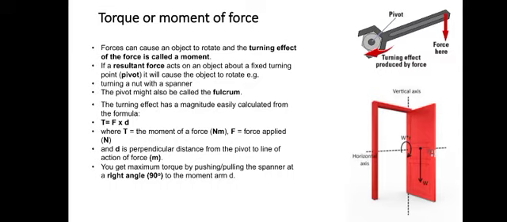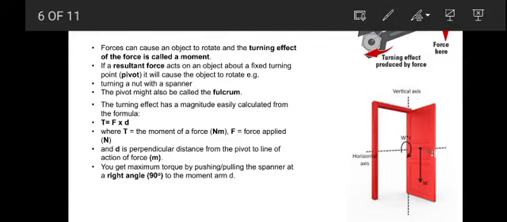ठीक है students. If we apply force, then this force will cause the rotational effect, the turning effect, torque, and due to this torque, this door will be able to move around this axis, this vertical axis.